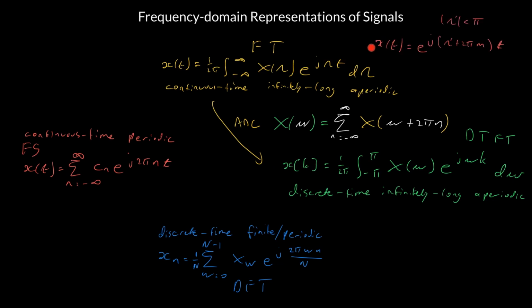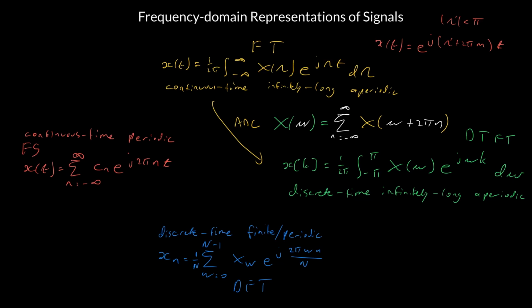Let's assume my original signal x of t is a single sinusoid at frequency omega, which is limited to being between minus pi to pi, plus 2 pi m, where m is some integer, maybe m equals 10, it doesn't matter, times t. If we were to sample this signal x of t, we are going to get a signal x of k. When we come to represent x of k using this integral expression here, we cannot get to this frequency here because it's outside of minus pi to pi unless m equals 0.